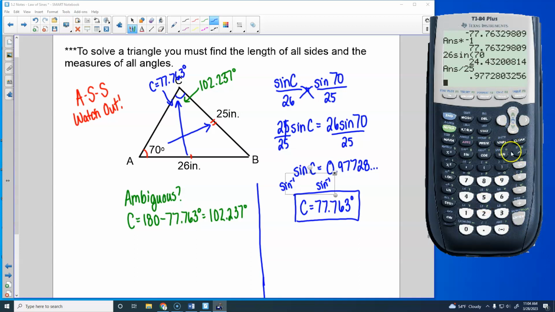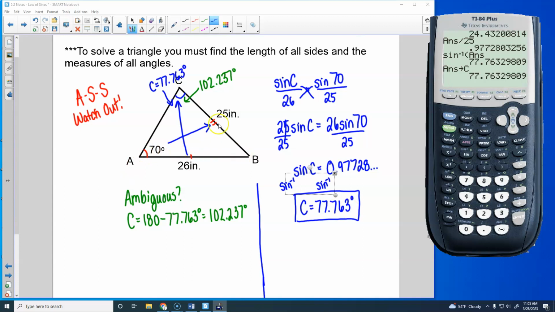And then I did sine inverse of that. So really what I should have done right here, this is definitely an answer for C. So I should have just gone ahead and stored this value as C. If you do STO right here and then tell it alpha C, it'll store that value. So when you type C, you're really typing 77.763.